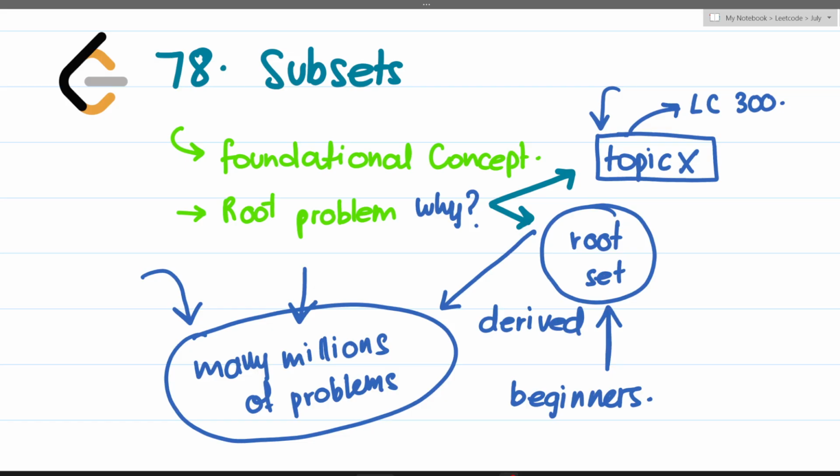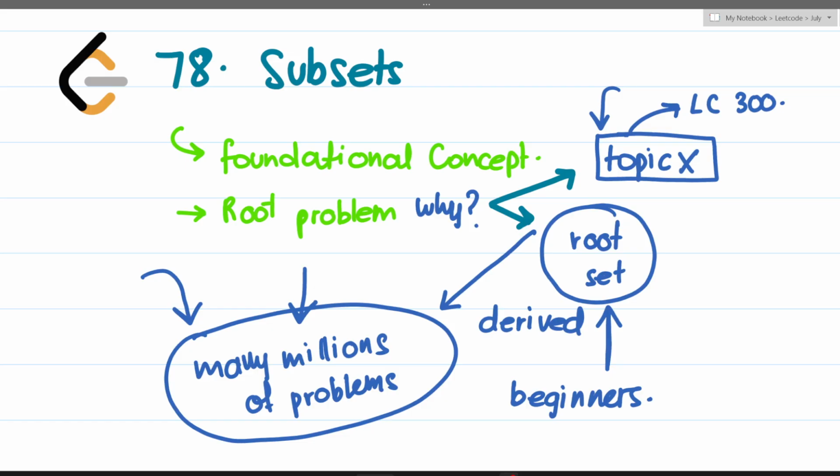So what I'm really saying is, my professor used to say that there are many thousands of problems in the world, right? And we're not talking about problems which are just in the set of DSA. We're talking about general problems right now, okay? But every problem is somehow a variation of, derived from a root set. If you are able to understand the root problems very well, it makes it easier for you to solve the other thousands of problems as well, right?